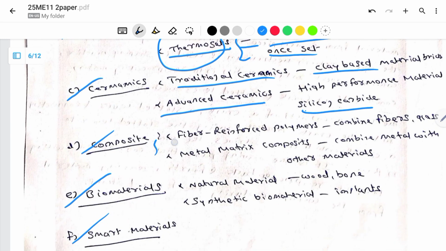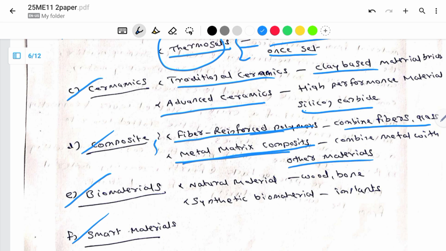Then composites are fiber reinforced composite and metal matrix composite. We can have separate videos on these, as it is completely in depth. So you just need to remember fiber reinforced and metal matrix composite. In fiber reinforced, combined fibers, fiberglass and all. In metal matrix, you have metal with other metals.